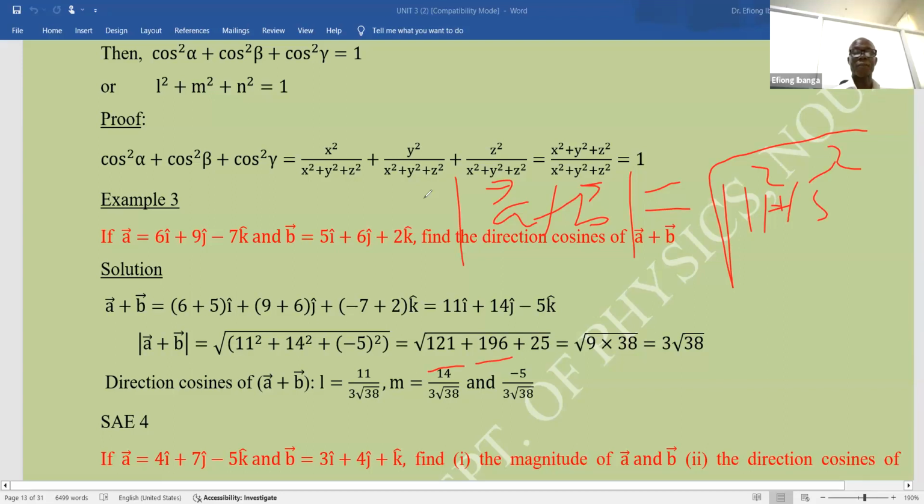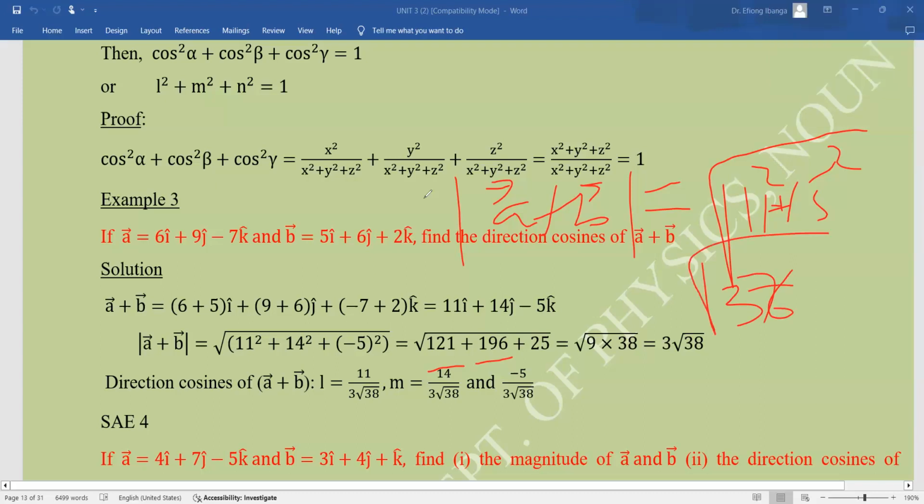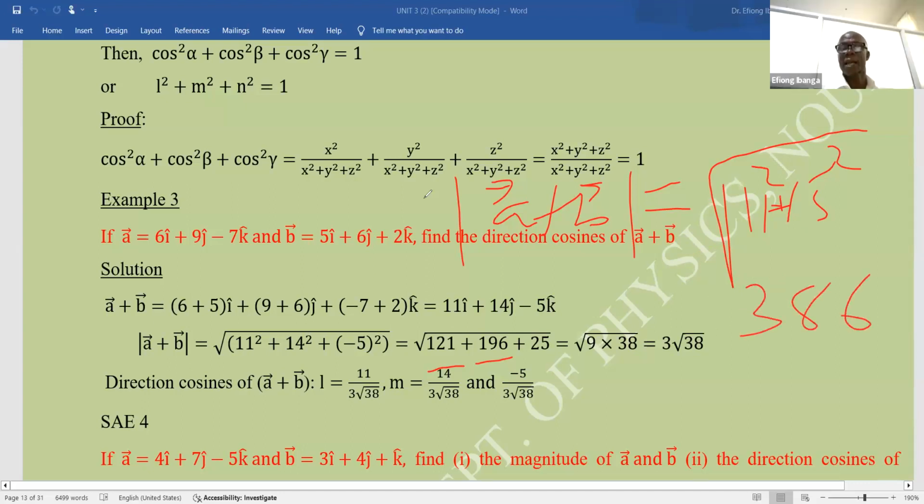What will it give us? 376? Is that correct? Oh, sorry, 386. So it's going to give us the square root of 386.